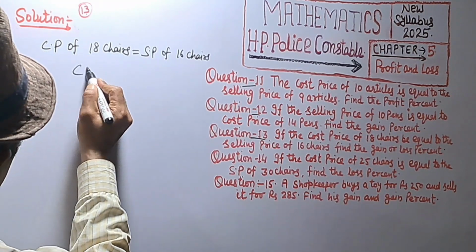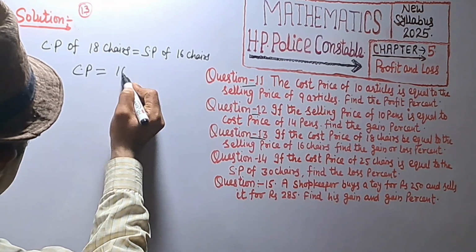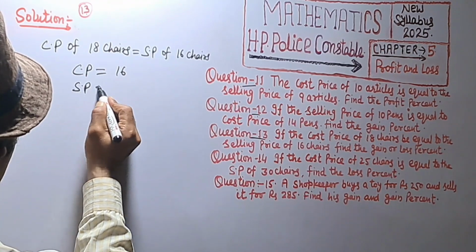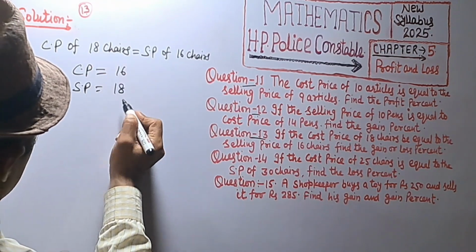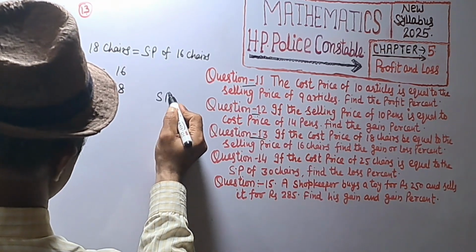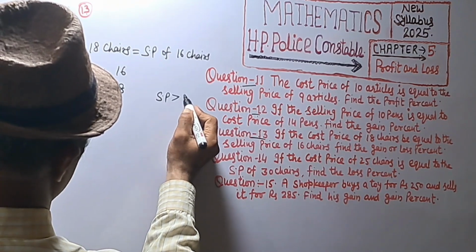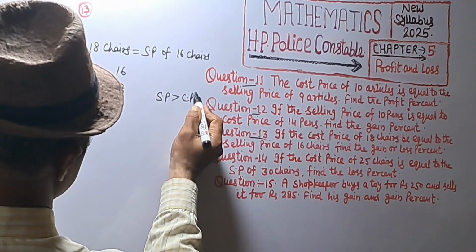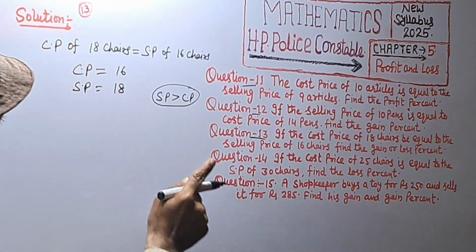So cost price equal to 16 and selling price will be 18. And selling price is greater than cost price. So we get gain.